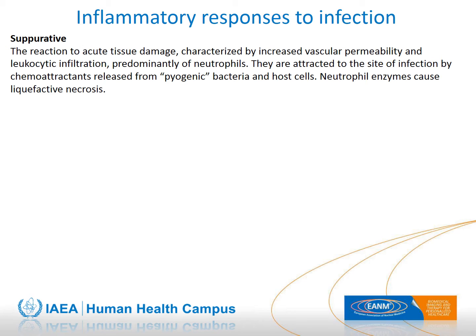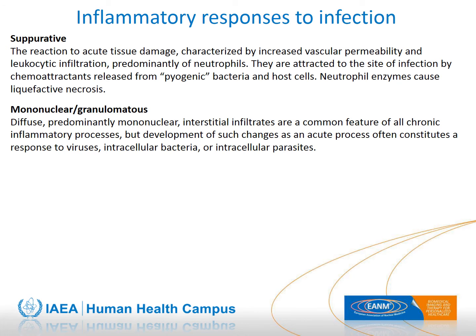This is most commonly seen in pyogenic bacteria, and this often results in a liquefactive necrosis of the tissue known as a pus pool or an abscess. More chronic inflammatory processes are also possible with bacteria, such as the tuberculosis bacteria, which elicits a granulomatous response.